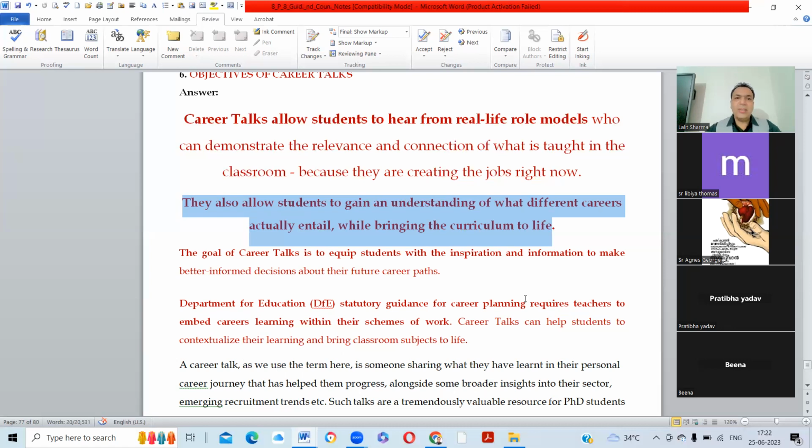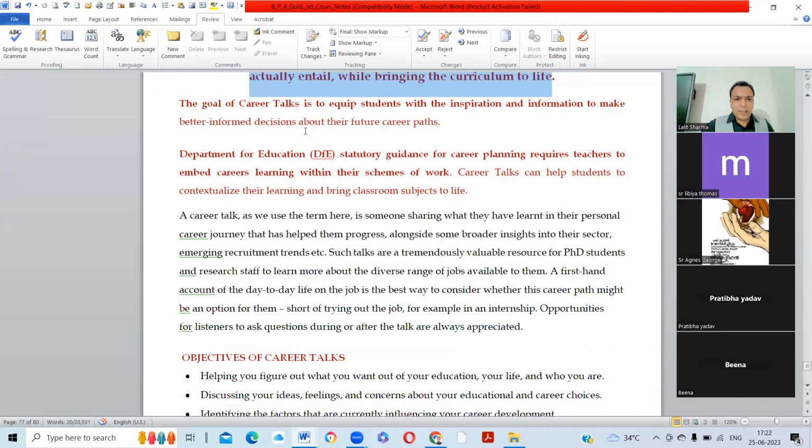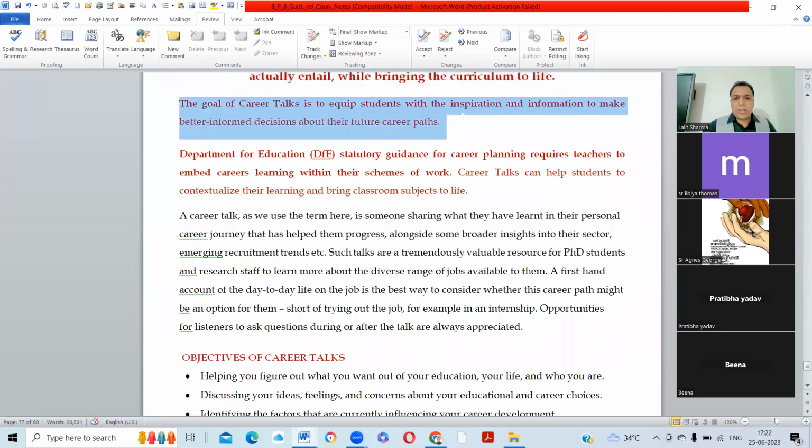So this is the general question that has come, so you have to talk. See, the goal of a career talk is to equip students with the inspiration and information to make better informed decisions about their future career path. Sometimes a child reaches 10th class and after 10th he doesn't know whether he has to go into the arts stream, science stream, math stream or commerce stream, right? It is because of our failure, guys, the failure of the school.